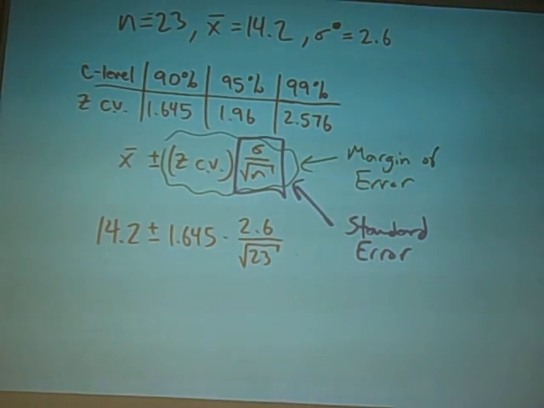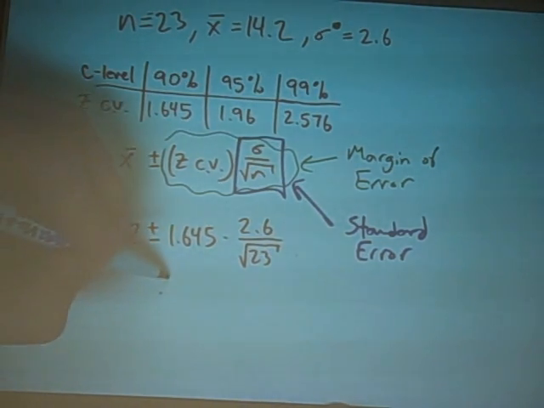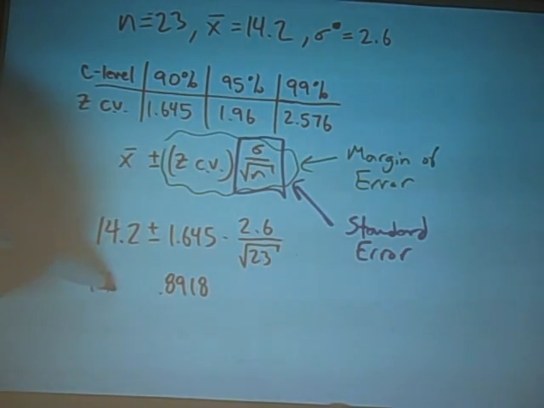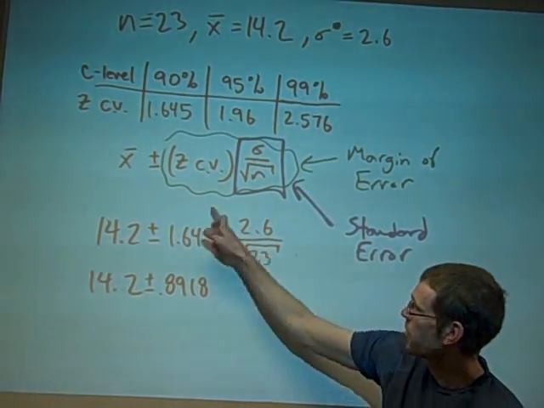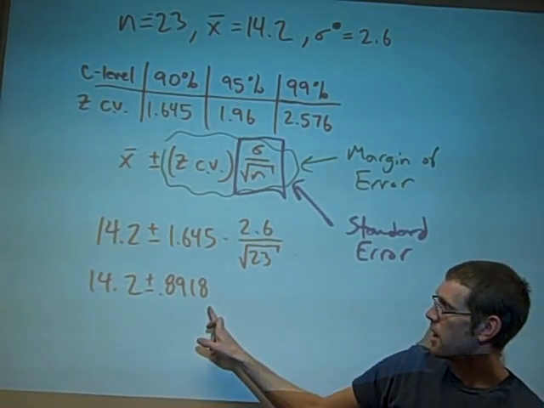And so we would just use our calculator. Maybe for some reason we want to know what the margin of error is first. Let's do that. So I'll take 1.645 times 2.6 divided by the square root of 23. And so that's 0.8918. So all I did was calculate this piece first, and that's the margin of error.